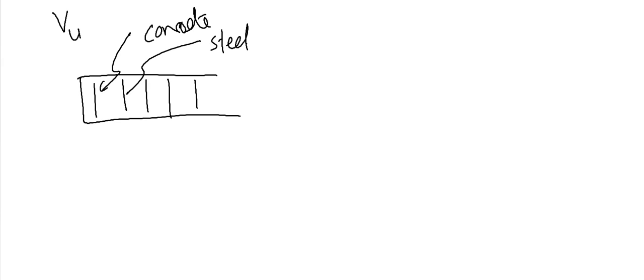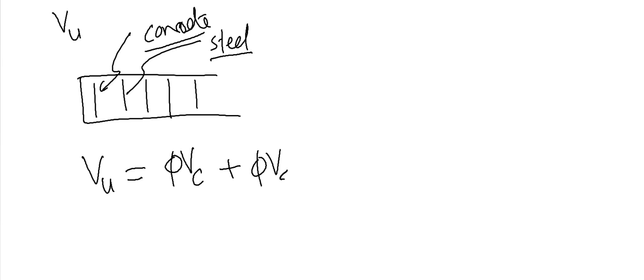Who will take this shear force? Some part will be taken by concrete, some part will be taken by my shear reinforcement. So we can write our equation: the design shear force, concrete will take some, so this is the concrete portion, and steel will take some, that is our steel portion. C means concrete, S means steel, the reinforcement.